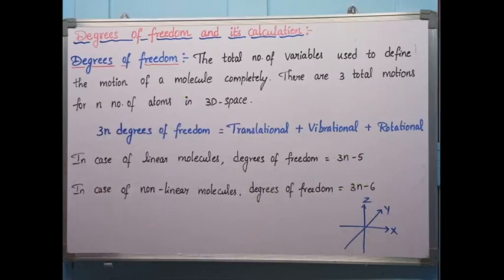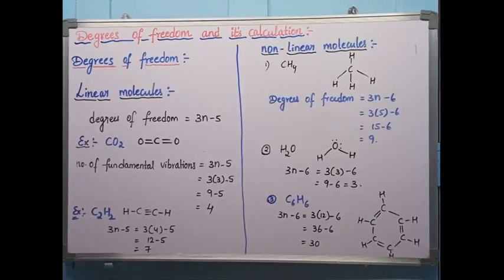So let us observe certain examples, then you can understand more clearly. Let us see the degrees of freedom calculation. Okay, so let us see first in linear molecules. So we know linear molecules' degrees of freedom or number of fundamental vibrations are calculated with the 3n minus 5 formula. So first I am taking carbon dioxide.